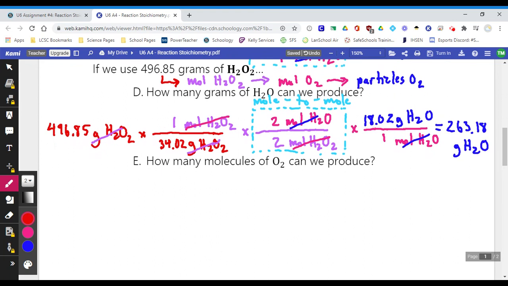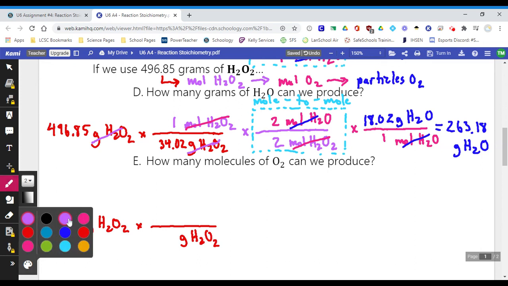Scroll this down a little bit. So 496.85 grams of H2O2 times a fraction bar, where I'm trying to get rid of grams of H2O2 on the bottom. Trying to cancel out my old unit. Okay.